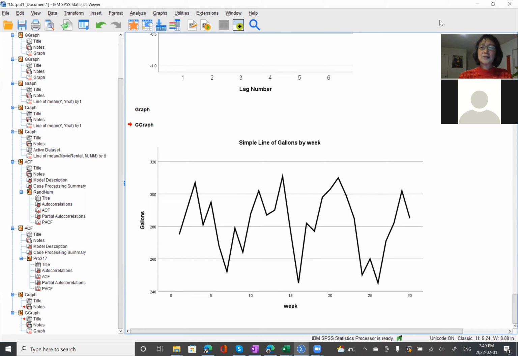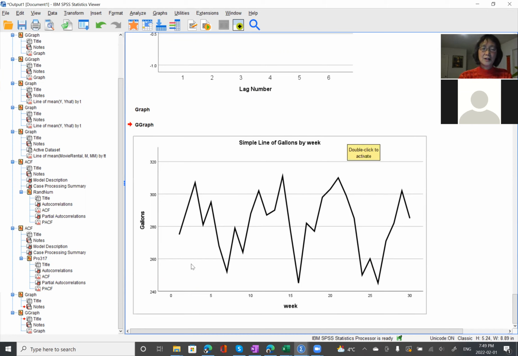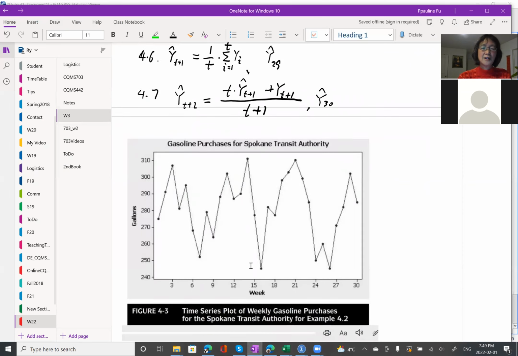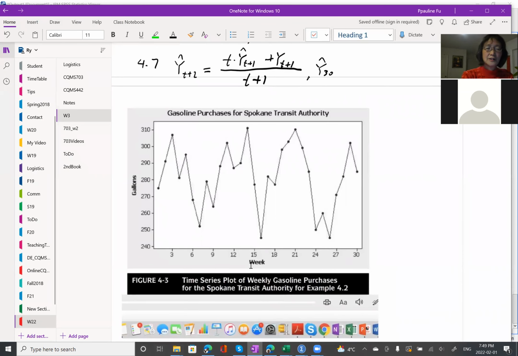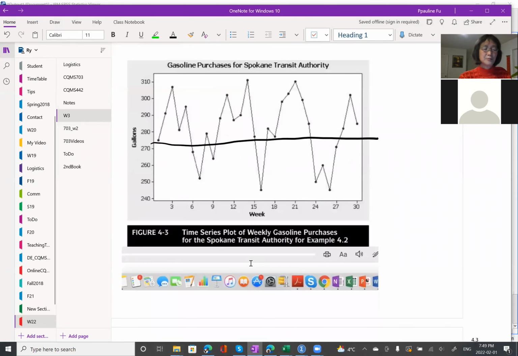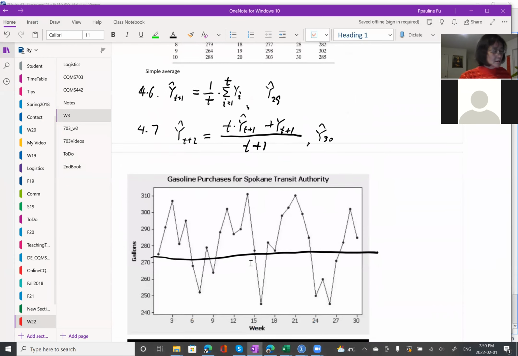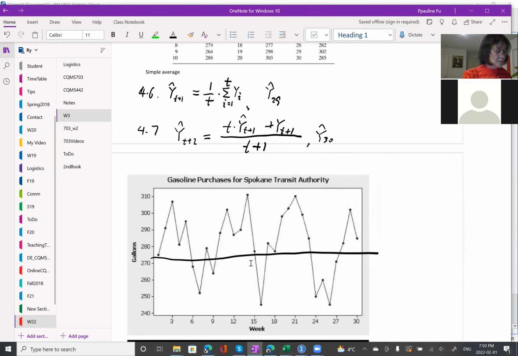All right, as you can see, it is stationary data because the data changes around a horizontal line, around this line here. This is stationary data, so we can do a forecast. So how do we do a forecast for this one?